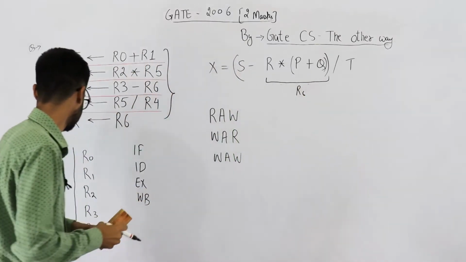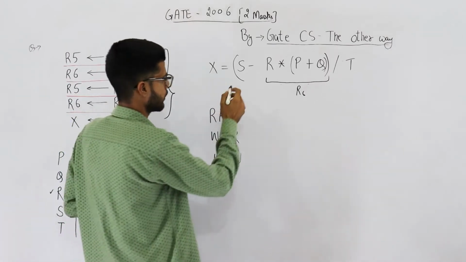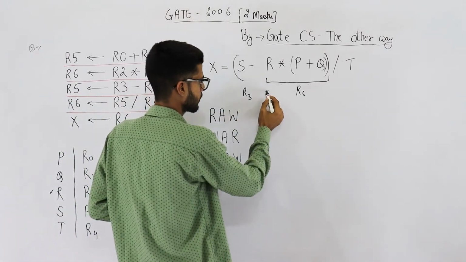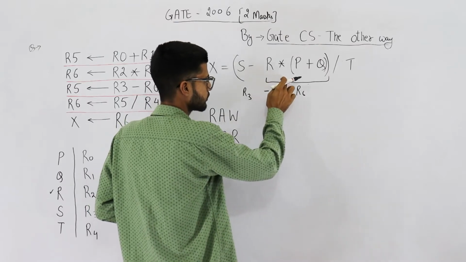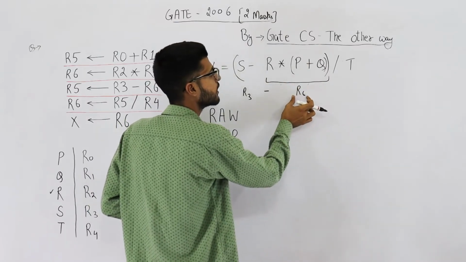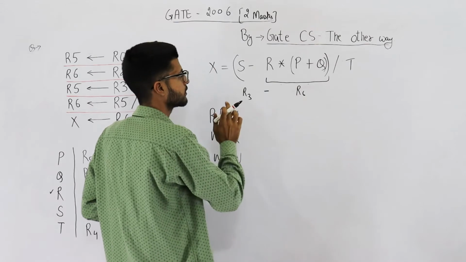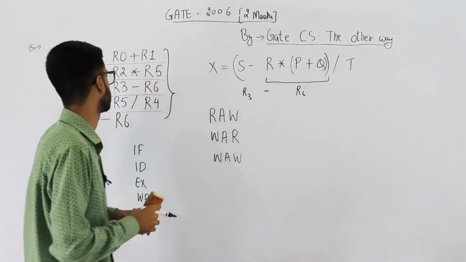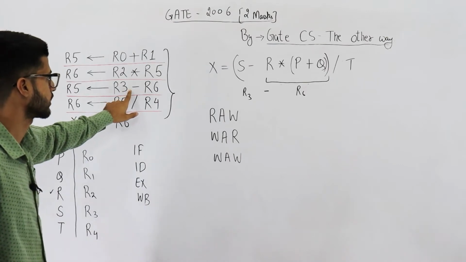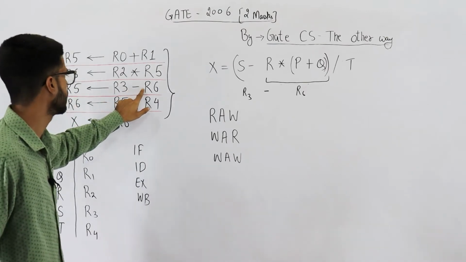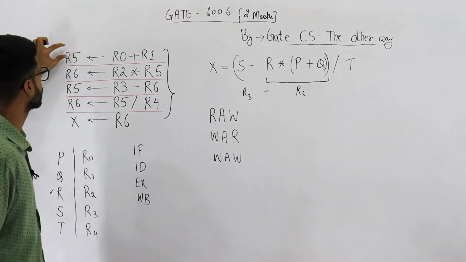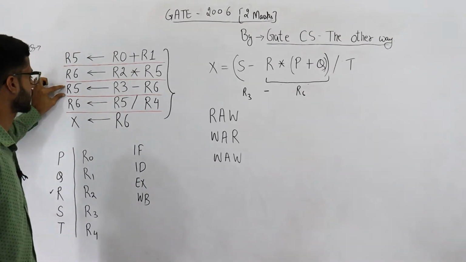Then S is saved in R3. I'm copying this minus sign as it is. And this much value we have already calculated and saved in R6. So next instruction must be R3 minus R6 is saved into some register. Yeah, that's correct. R3 minus R6 is saved into R5. Now we don't need this value, so we are reusing this register R5 here.